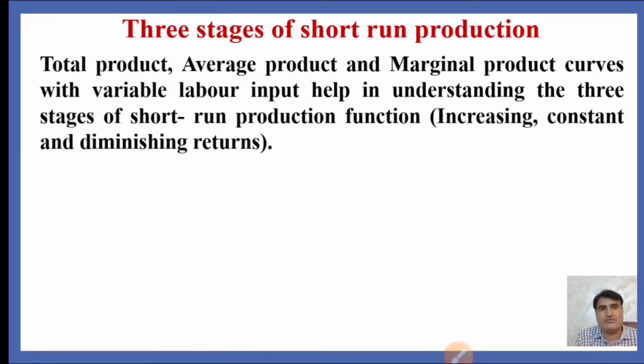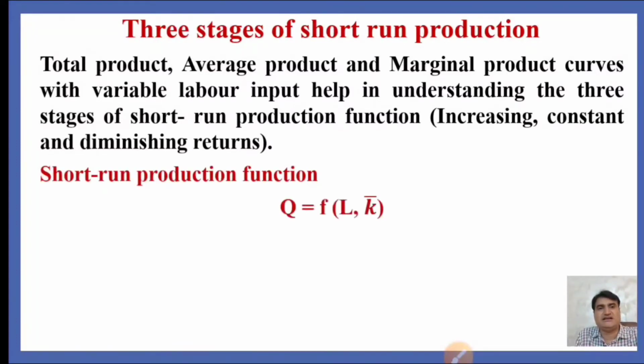So in detail we have covered these things. Here the total product, average product, and marginal product curves with variable labor input help in understanding the three stages of the short-term production function: increasing, constant, and diminishing returns.